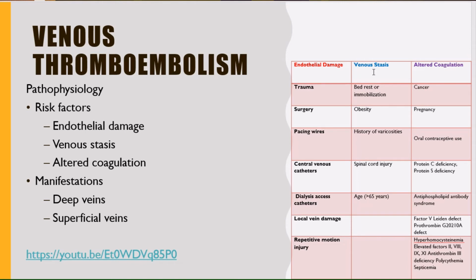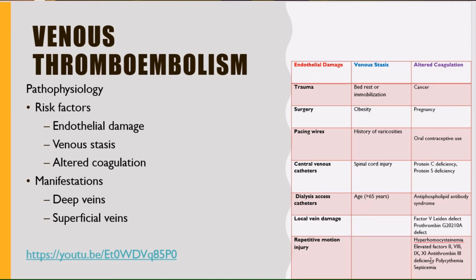Then venous stasis, which can happen whenever a patient is in bed. The blood flow is impaired because all the blood is pooled in the extremity. They can definitely develop DVT whenever they are on bed rest or immobilized for a longer time. Obesity, history of varicosities, then altered coagulation.